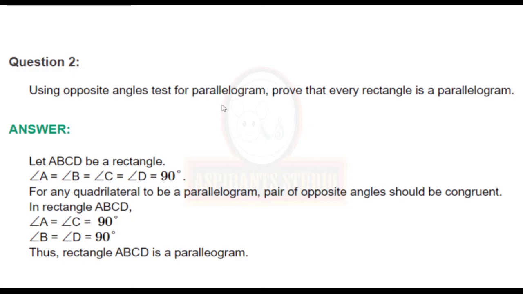So write now in your notebook given, I can help you to write given quadrilateral ABCD is a rectangle. You can draw a quadrilateral ABCD beside. Now to prove quadrilateral ABCD is a parallelogram.